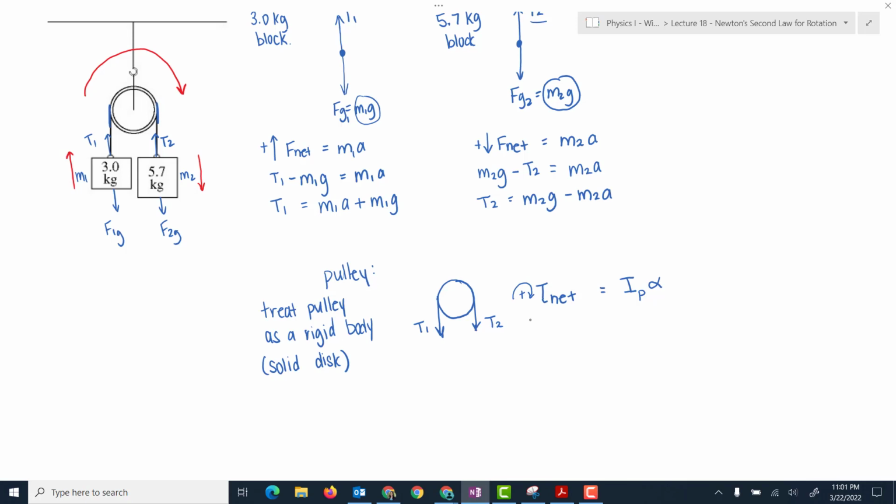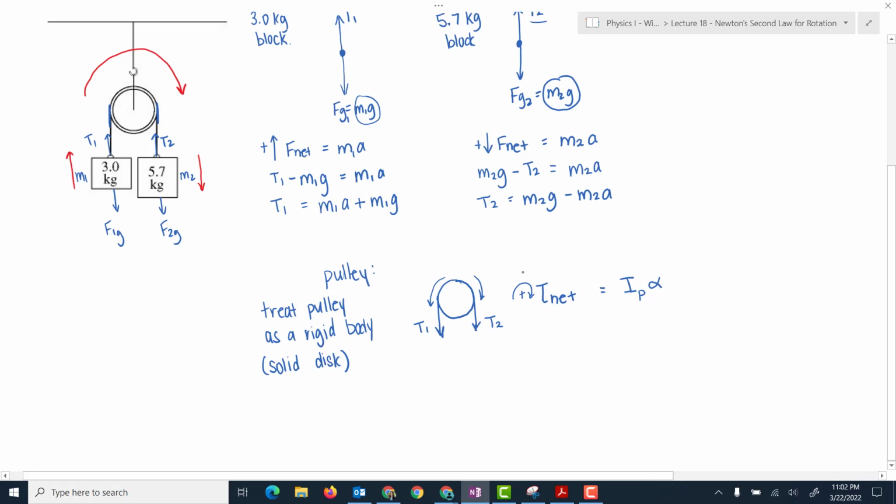It would be T2. T2 is pulling in a direction that causes it to rotate clockwise, whereas T1 causes it to rotate counterclockwise. So T2 is the positive direction, and T1 is negative, only because I decided that positive is going clockwise for this question.